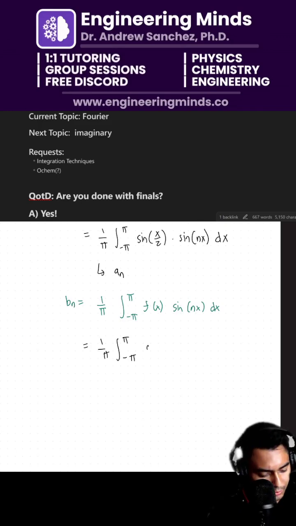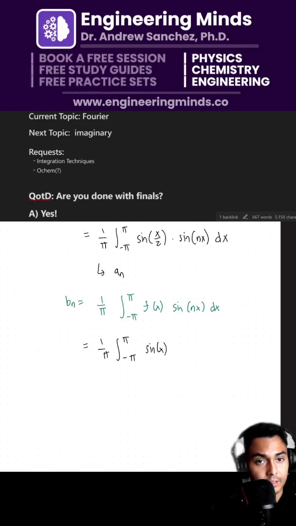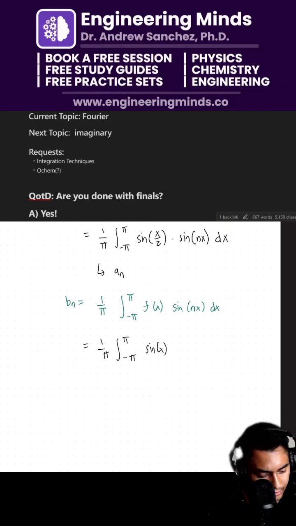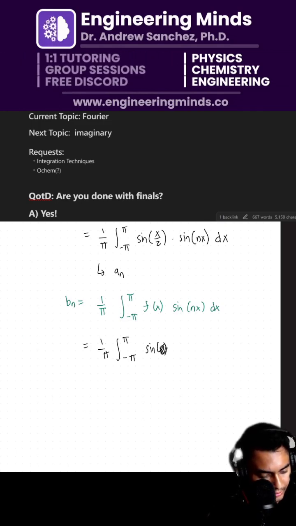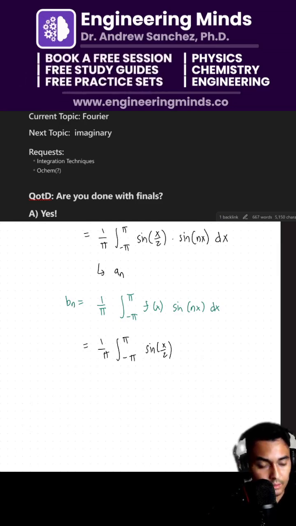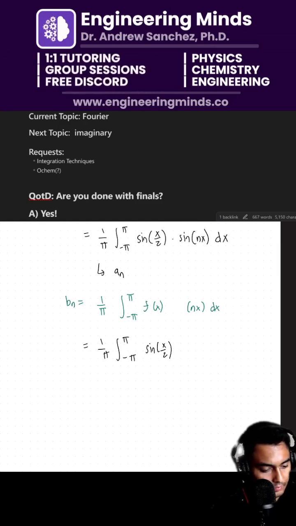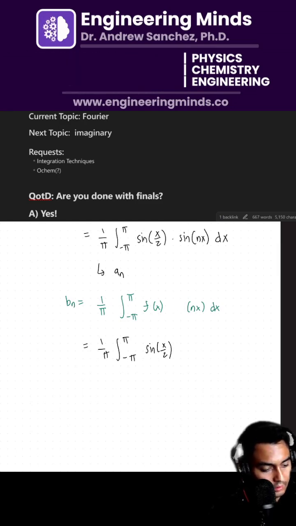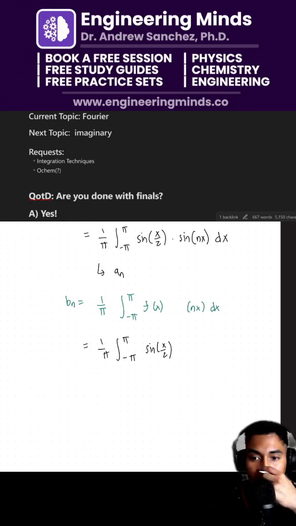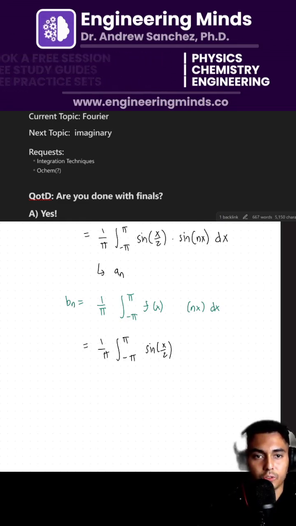So our f of x was our sine of x term times sine of x over 2. Oh no, this is going to be times cosine, I believe. It should be times cosine, or did I get those wrong?